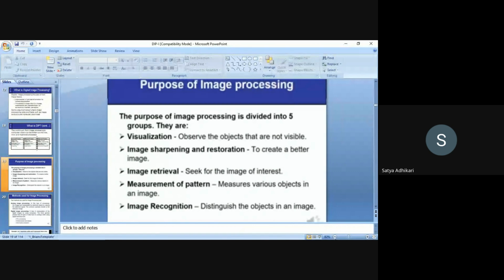So the purpose can be divided into these five categories. Visualization: observe the objects that are not visible.